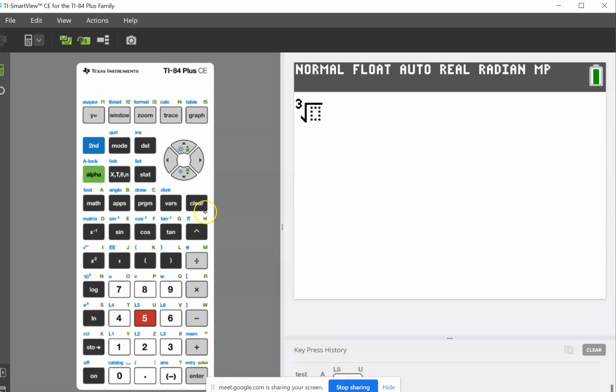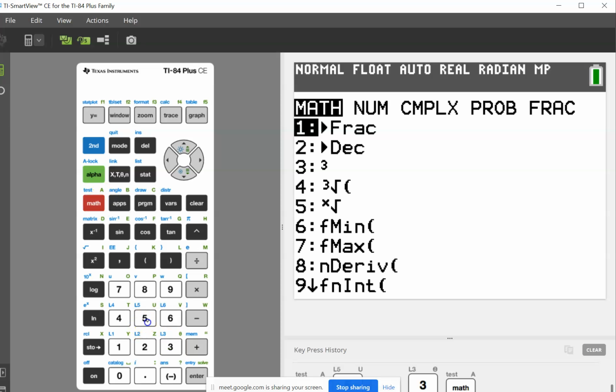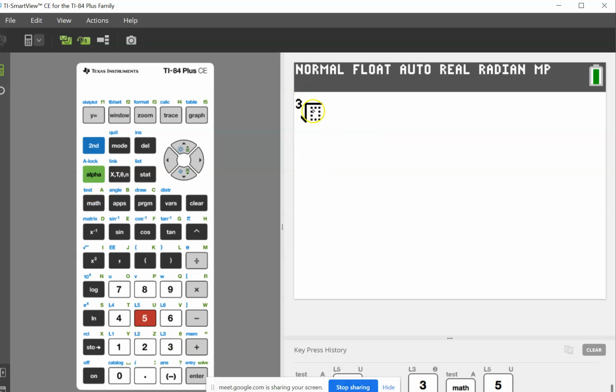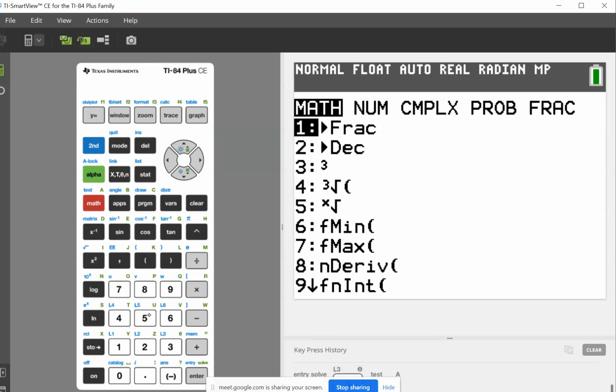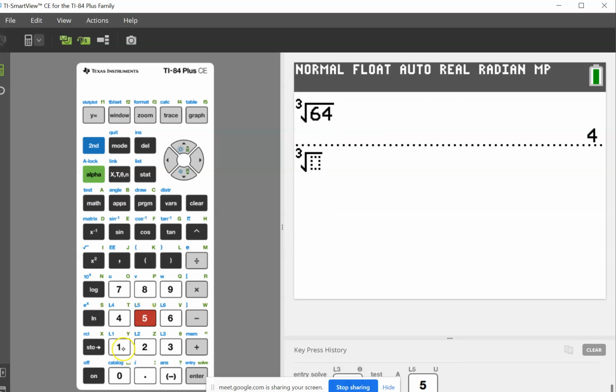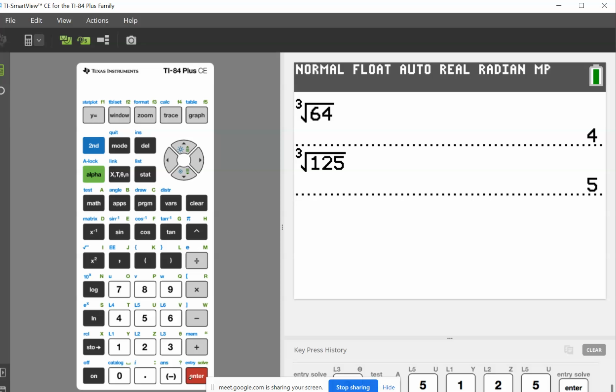Okay, so start over one more time. 3, math, 5. So now I've got the cubed root, and I can type in my number 64. My answer is 4. If I wanted to do the cubed root of 125, I would do 3, math, number 5, type in the number 125, and the cube root of that is 5.